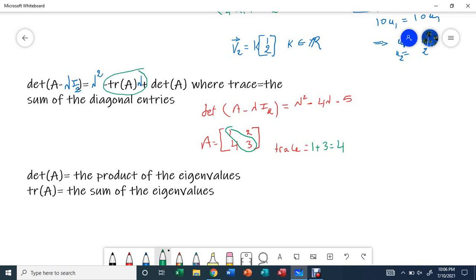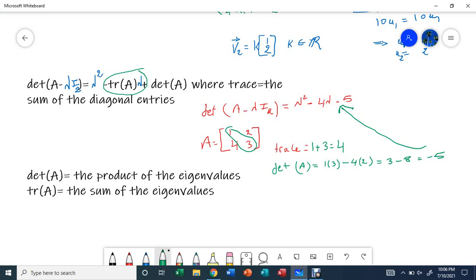And the determinant of A is 1 times 3 minus 4 times 2, which is 3 minus 8, which is negative 5. So that's how this formula comes from.